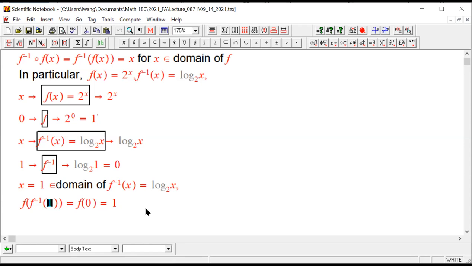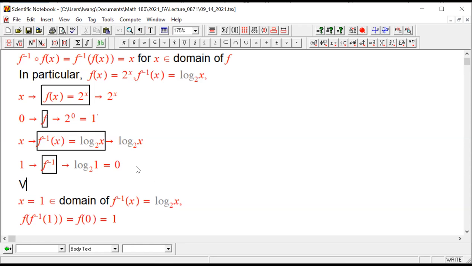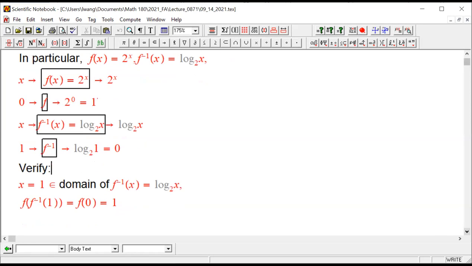We're not proving it, we're verifying it. So let me put the word verifying. This is not a proof, guys. This is verifying. Let's put it on the record: I never say this is the proof.